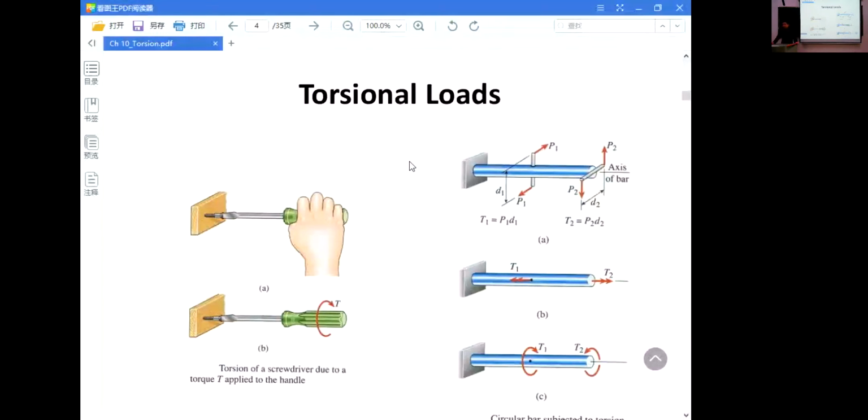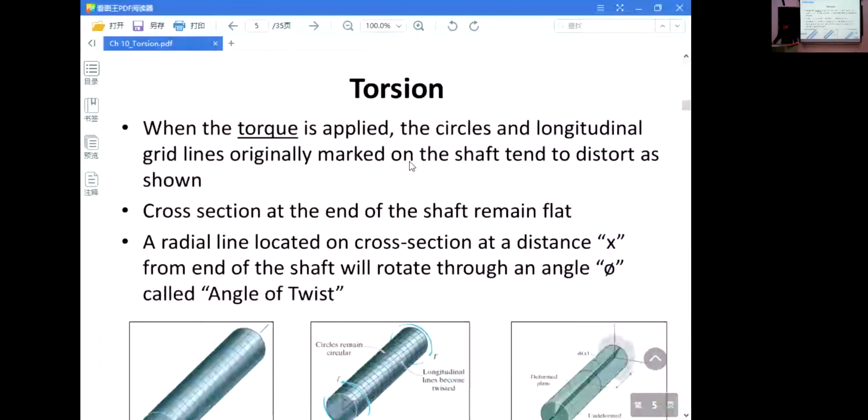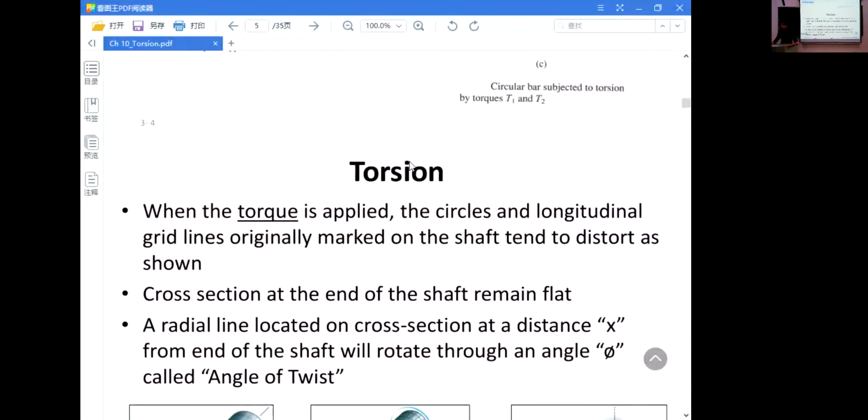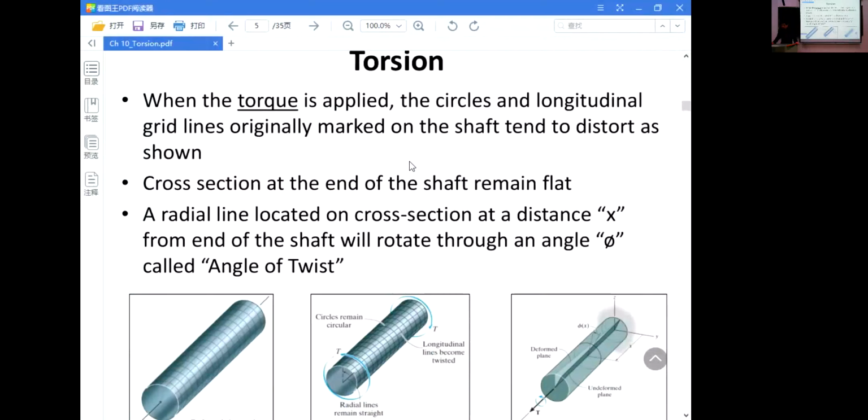How to find the stress for a shaft? We don't know yet. So at first we do an experiment. Suppose it's a shaft.